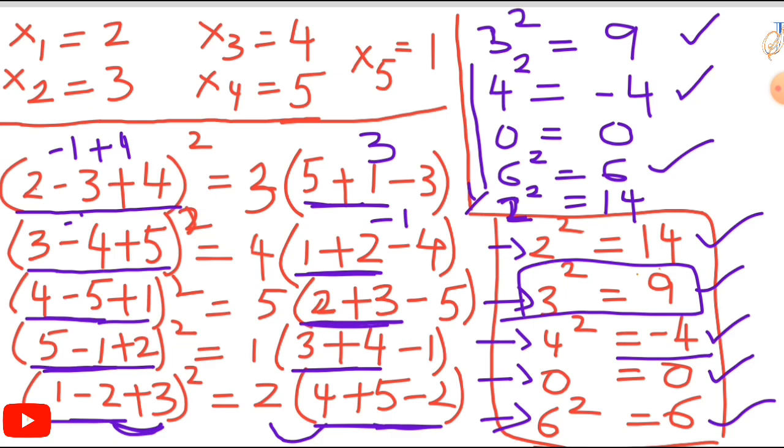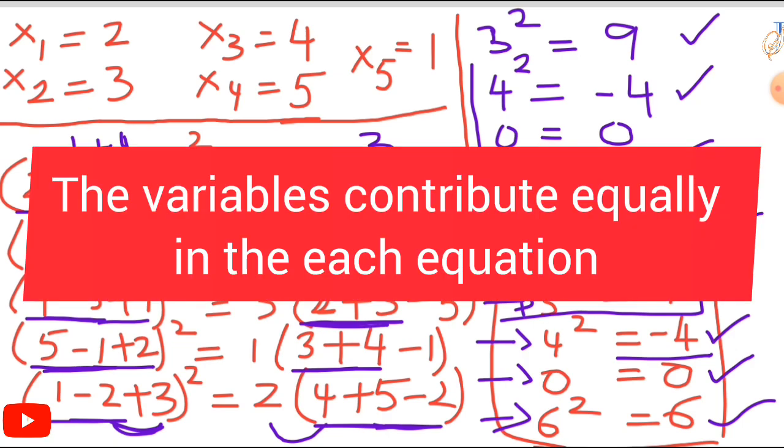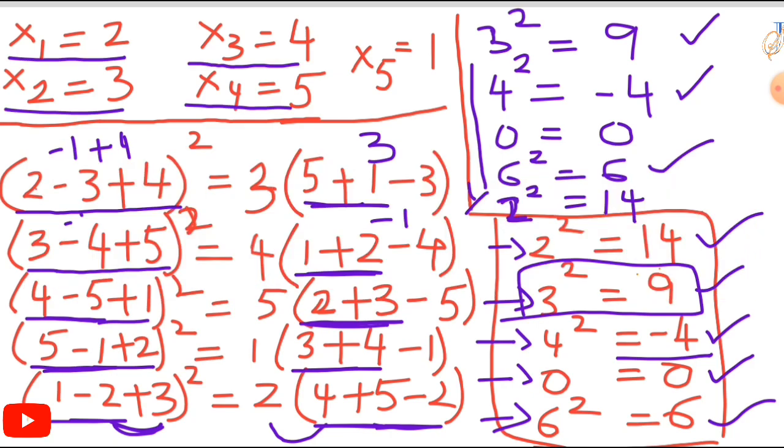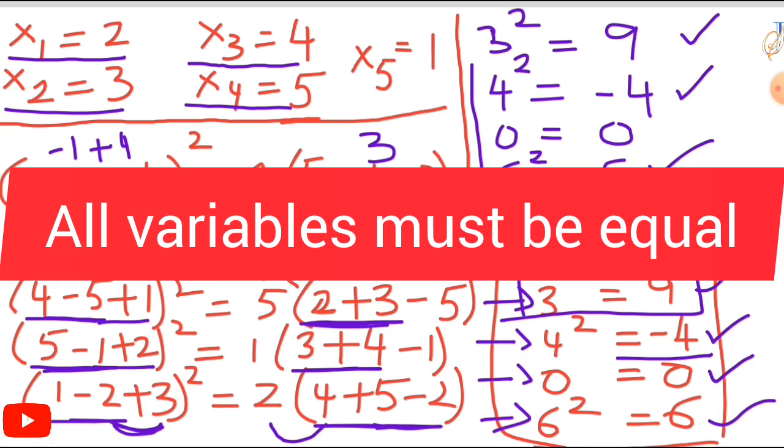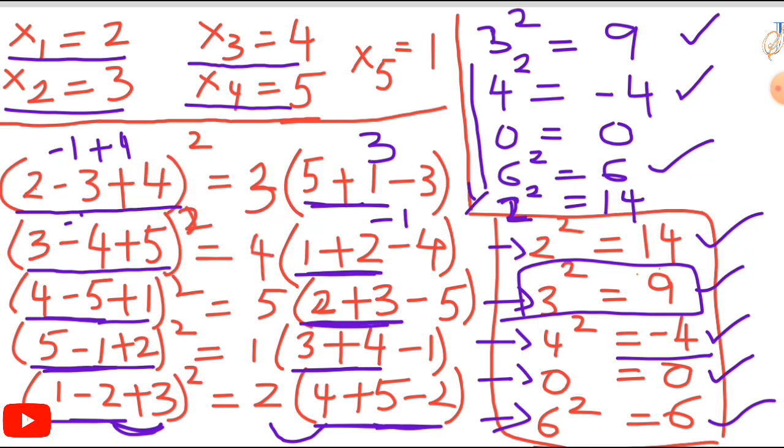So that means we can say it is the same as your previous result. On the LHS, the variables are in cyclic order and our output is also in cyclic manner. It implies that the variables x1, x2, x3, x4 and x5 contribute equally in each equation. This observation leads to the conclusion that all the variables must be equal, just cycling only.